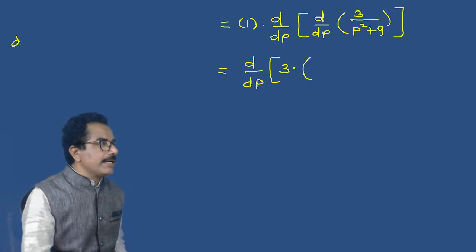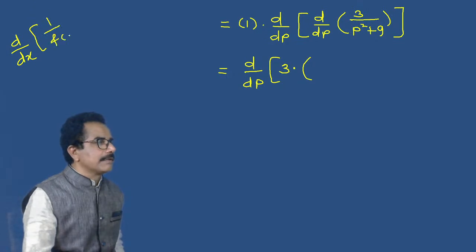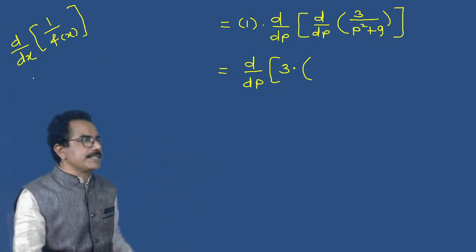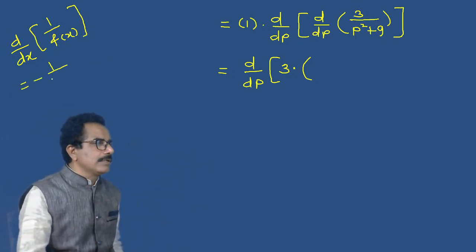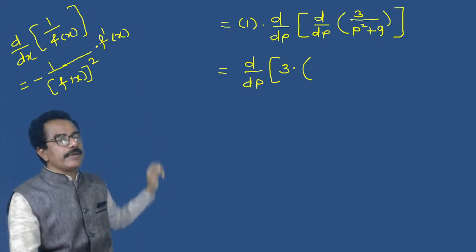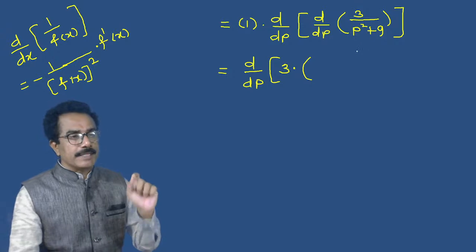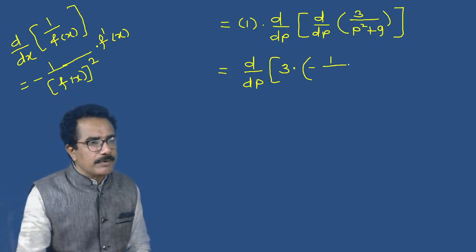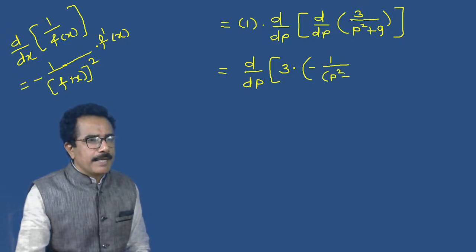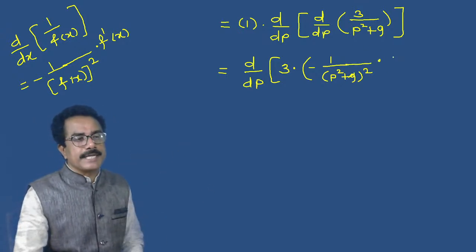So the derivative of 1 upon f of x, the main formula for the derivative of 1 upon f of x is minus 1 upon f of x square into f dash of x. This is the formula for the derivative of 1 upon x. If we keep 3 out of this derivative, then 1 upon p square plus 9. f of x is p square plus 9. So its derivative is minus 1 upon (p square plus 9) square, into the derivative of p square plus 9, which is 2p.